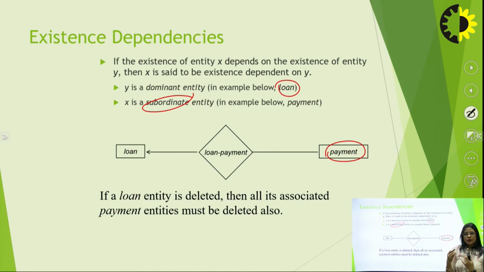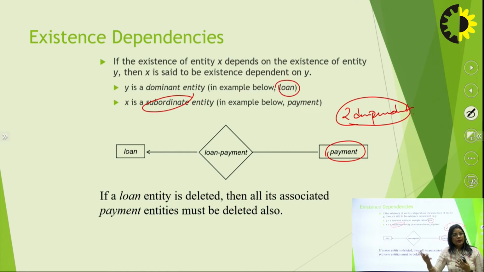As I'm an employee here, my two dependents' information will be stored in the database. When I leave the job, those two dependents' information should be deleted with my record from that database, right? Because I, as an employee, am a dominant entity and my two dependents are subordinate entities.